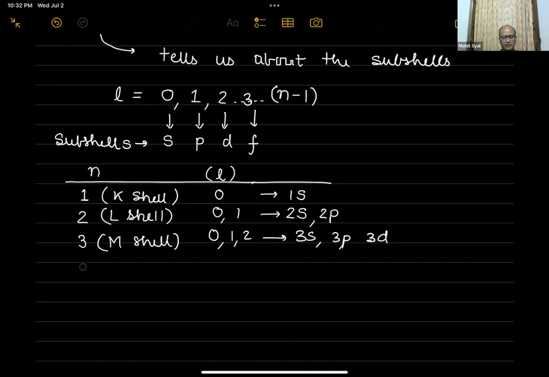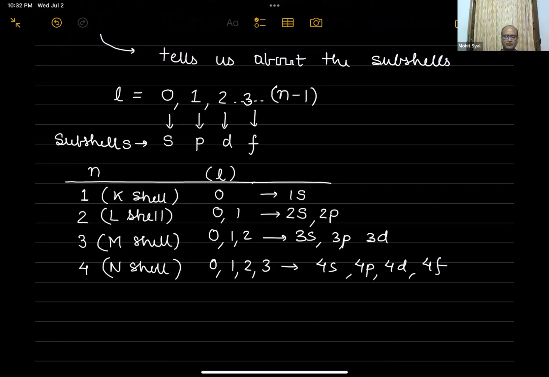Can you tell me quickly, the fourth shell will have how many subshells? 0, 1, 2, and 3. The values of L are 0, 1, 2, 3. It will have the 4s subshell, 4p subshell, 4d subshell, and 4f. Got it? Is it clear?